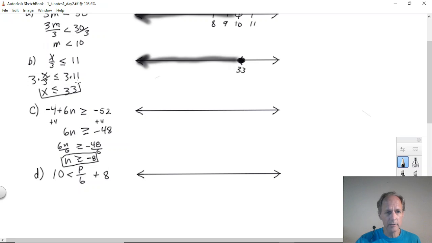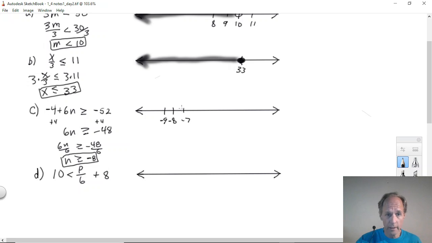Put boxes around these other ones as well. Okay, so we'll graph that. Greater than or equal to negative 8. We could put negative 8 right here. Negative 8, negative 9, negative 7.